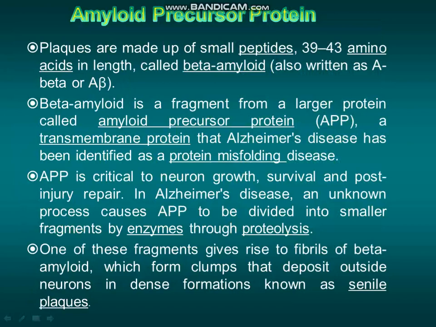So this gives rise to beta amyloid, which form clumps that deposit outside the neurons in dense formation known as senile plaques. This senile plaques will interfere with the normal interaction and communication of the normal brain cells, which is present outside the neurons.